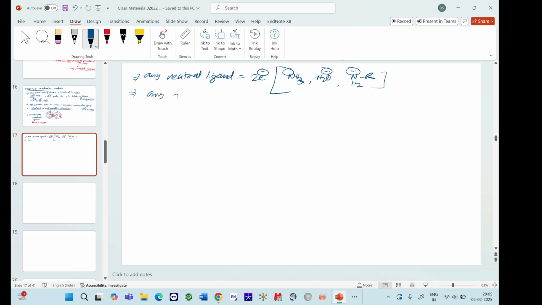If you have any anionic ligand, then you could consider 1 electron, like this, any halide X minus, CN minus, you can consider like that. And then for metal, consider the D electrons.